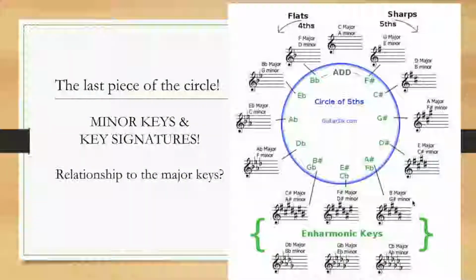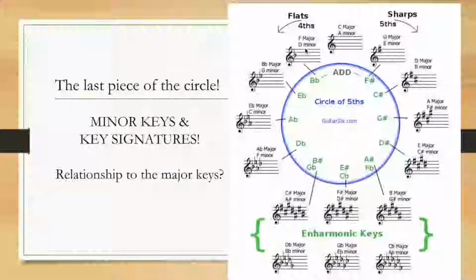Now you notice that I only have one key signature there for each one of those. The relative minor key signature is exactly the same as its relative major. So C major and A minor have the exact same key signature. G major and E minor have the exact same key signature, and so on and so on.